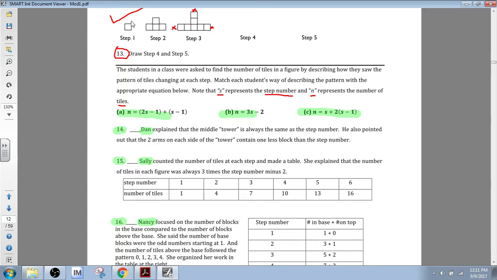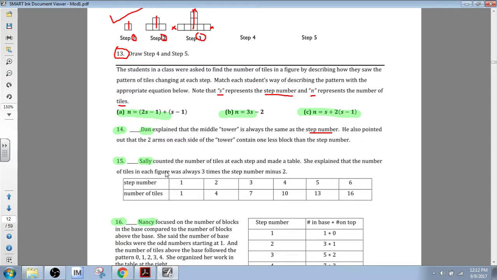So the way he viewed it, this is the middle tower, this is the middle tower, this is the middle tower, and it's always the same as the step number, right? So 1, it's 1. 2, it's 2. 3, it's 3.